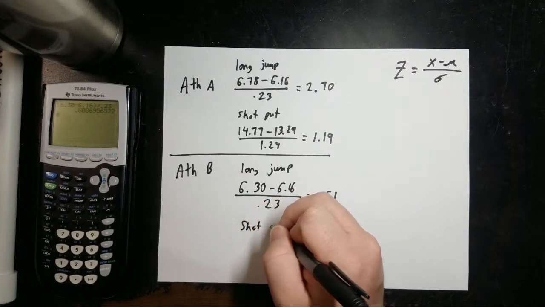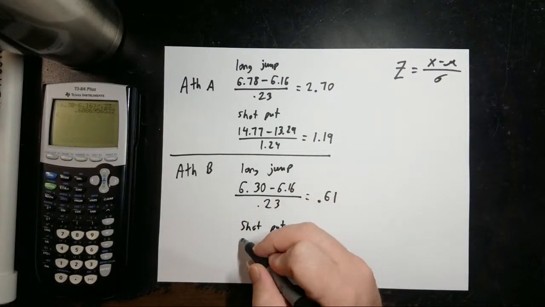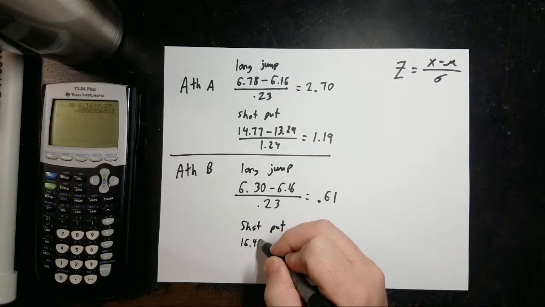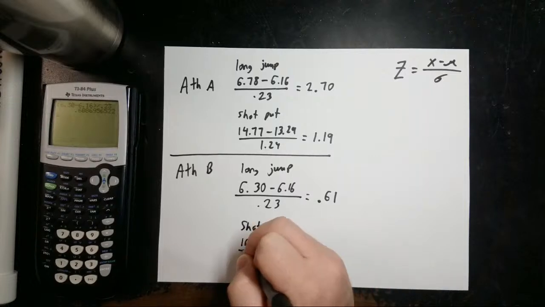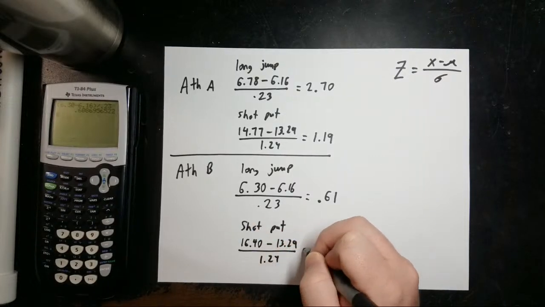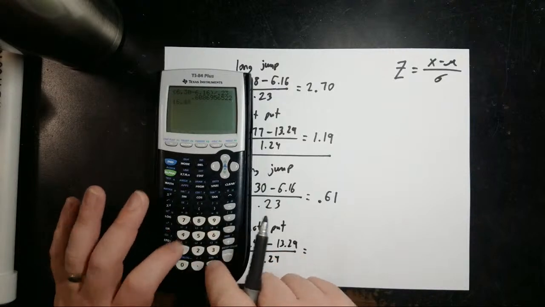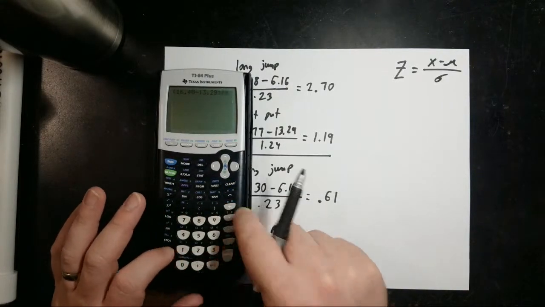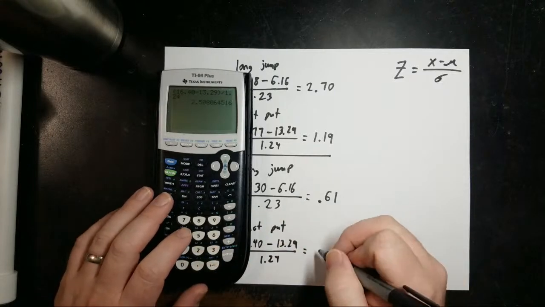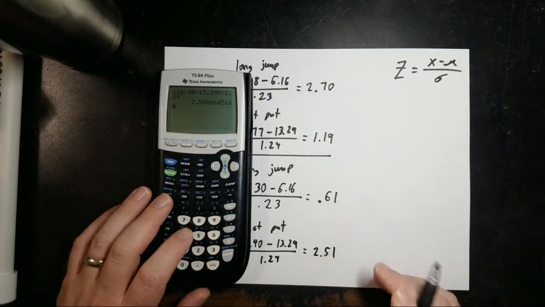Whereas for the shot put, athlete B threw 16.40 meters minus the average divided by the standard deviation. I'm going to put that in parentheses. Boom. 2.51.